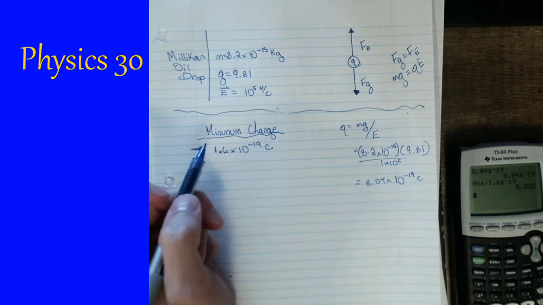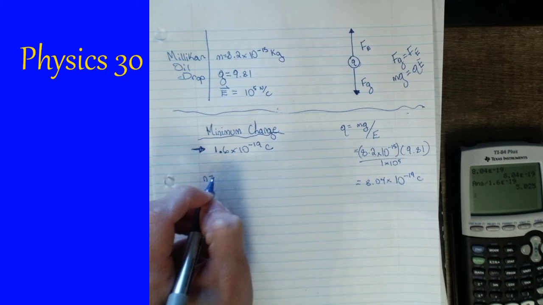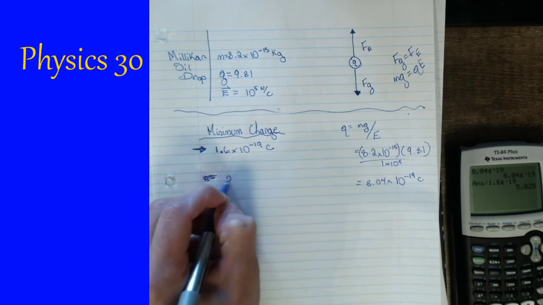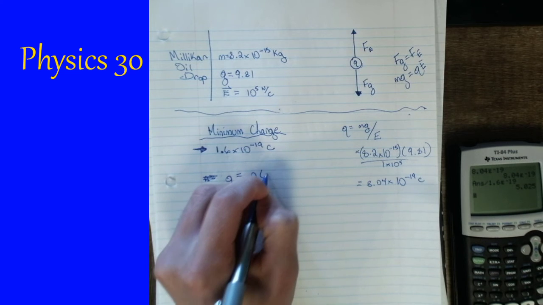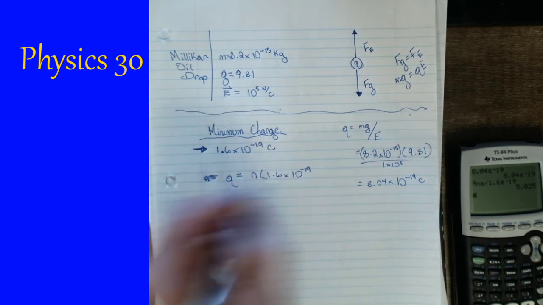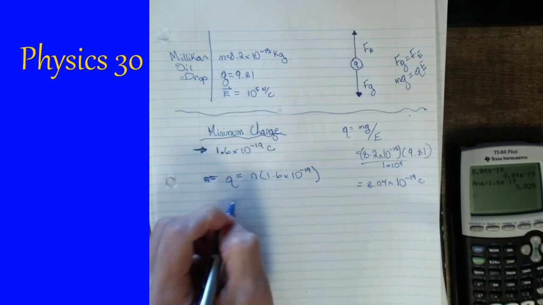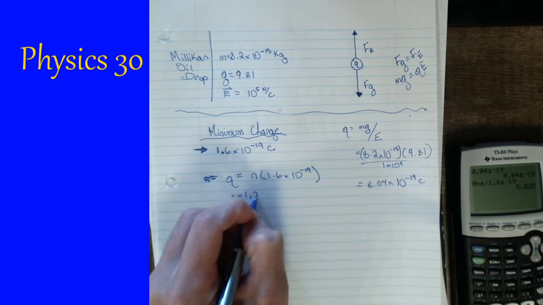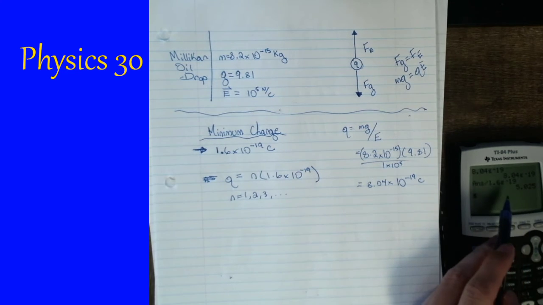And so Millikan makes the observation that the charge is always equal to n multiplied by this 1.6 times 10 to the negative 19. It's always some type of multiple of this charge. So n can equal 1, n can equal 2, n can equal 3, dot, dot, dot, n could equal 5, like it does here.